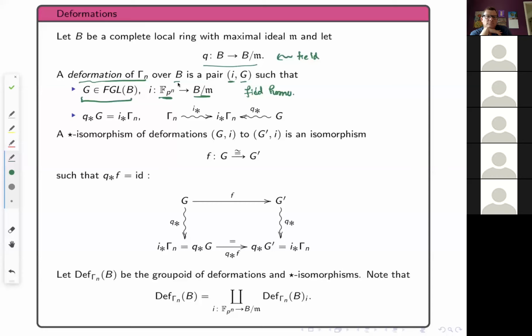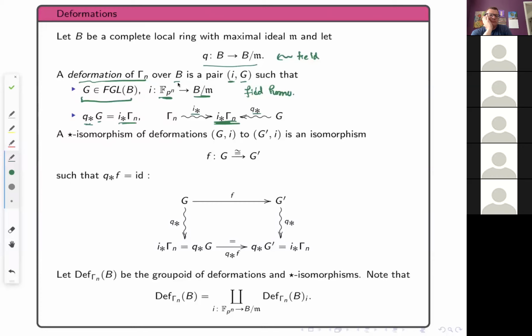And what's the condition? We want that if we apply Q to the coefficients of G, so we take G and we do G mod M, then we get what we get from taking gamma n and putting it as a formal group law over B mod M. Okay, so in other words, I star, remember that's applied to coefficients, and Q star applied to coefficients, these two meet over here.